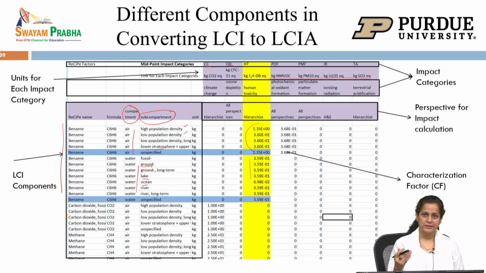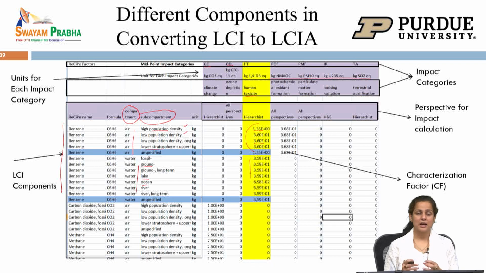If you have benzene emitted to air in a high population density area, it will have much higher human toxicity. See, for high population density we have a 1.35 characterization factor, but for low population density it is only 0.36. That means that when you have a high population density and your air quality is bad, the human toxicity is actually higher, hence the characterization factor is also higher.